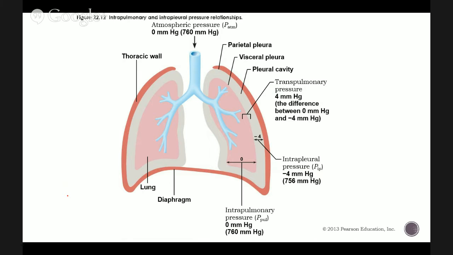All right, so here's our first law, Boyle's law. Boyle's law states that at a constant temperature, the pressure of a gas varies inversely with its volume. All right, so it sounds worse than it is.